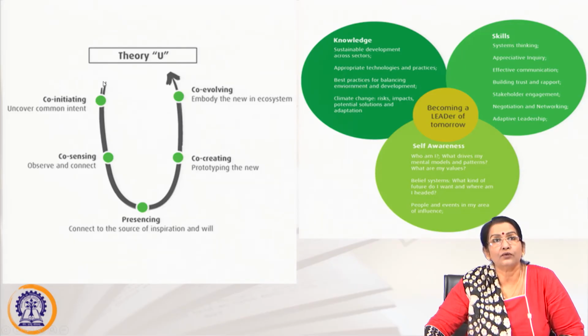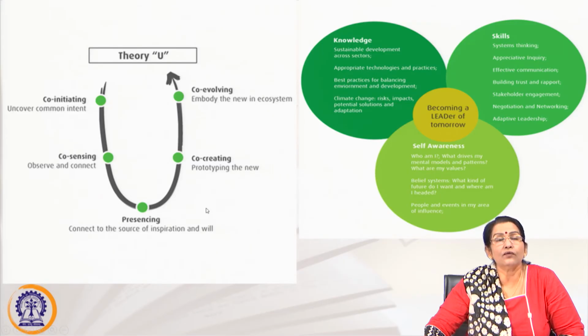with togetherness, with unity, to co-initiate a common intention, common goals, common achievement targets, then co-sensing, observing it, connecting to it and trying to resolve it together in a group setup, working together. Then presencing, connecting to all sources of inspiration and will, whatever is available within the group, outside the group, all kinds of resources available.